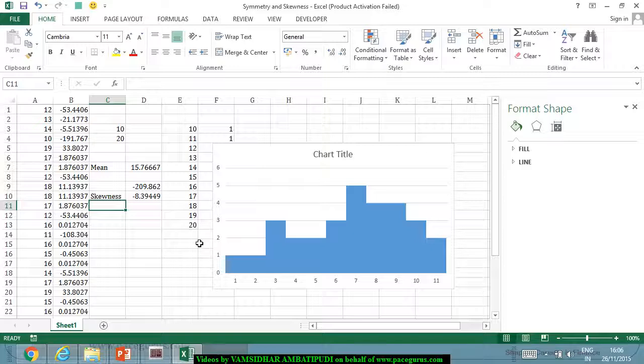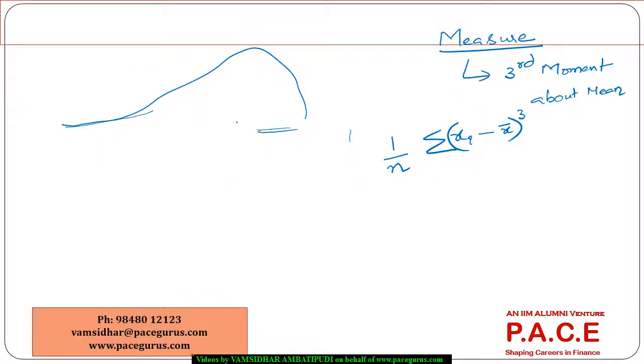Now, the skewness that I'm finding in this way, one, has units. It is affected by the units. And two, there are no boundaries to it, so I cannot really define which is high and which is low.